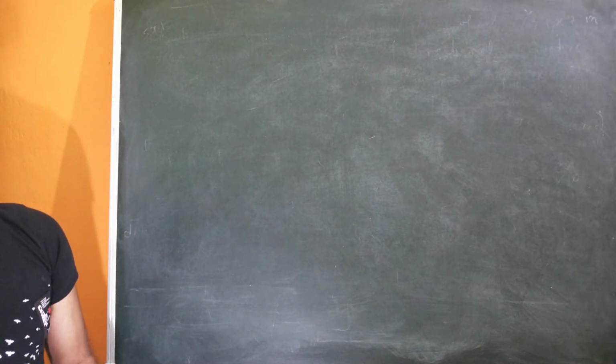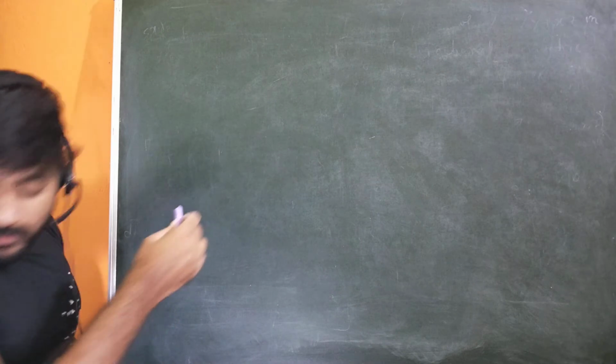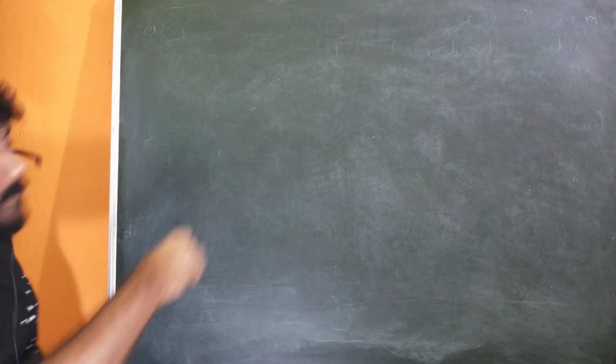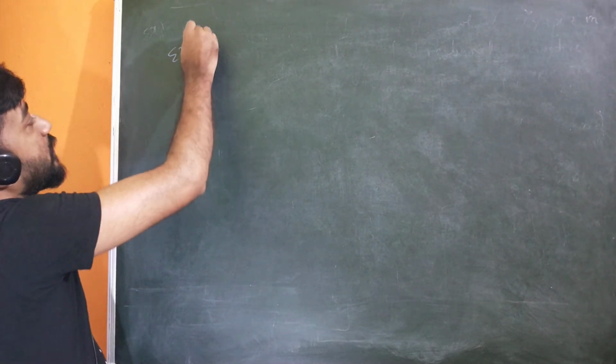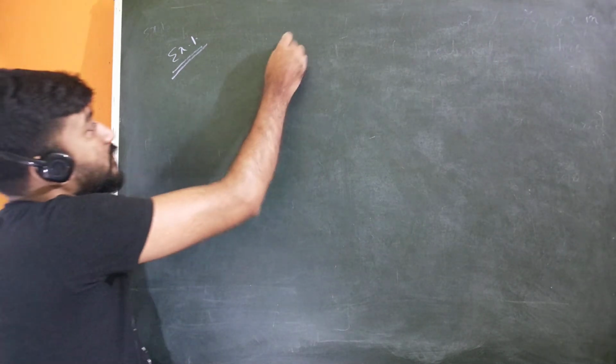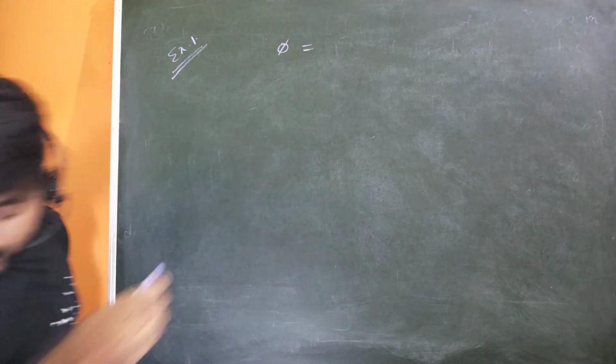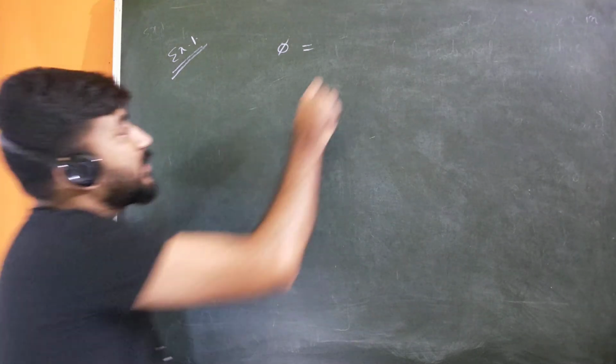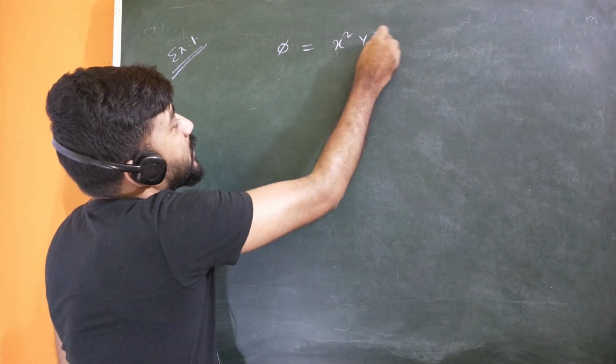So here φ is given. Instead of writing down the whole problem, let me give you the problem with the understanding that φ is x square y z cube.